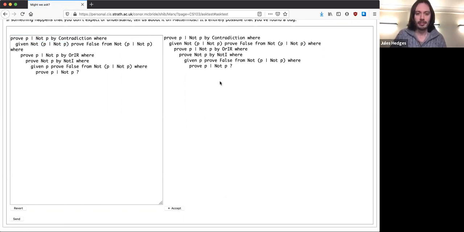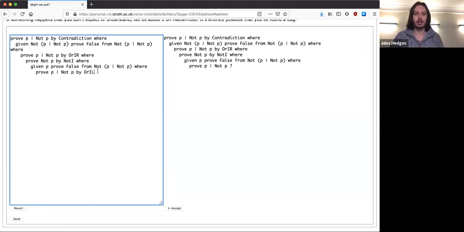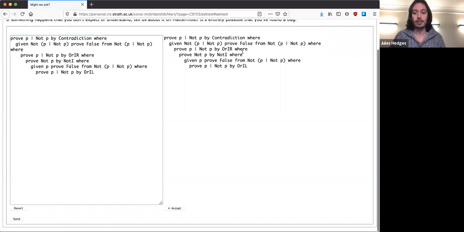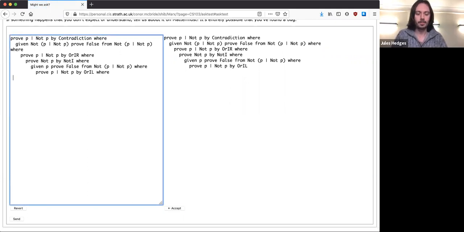And this time we have P. So I'm going to say by or introduction left this time. And now we're done. Ask accepts this proof because we have P as a given. I can also fill in the missing line and say prove P given.